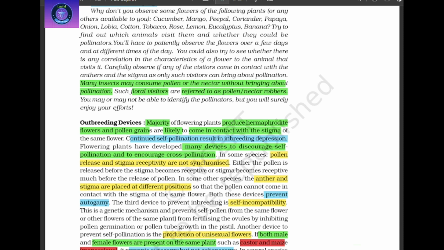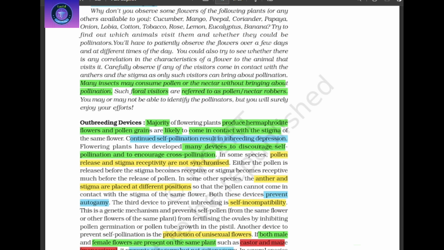Now, look, the yellow points that I have highlighted are nothing but the types of outbreeding devices. Number one: pollen release and stigma receptivity are not synchronized. It means the time when the pollen grains are released and the stigma becomes receptive is very different. It is not homogamy, it is heterogamy.